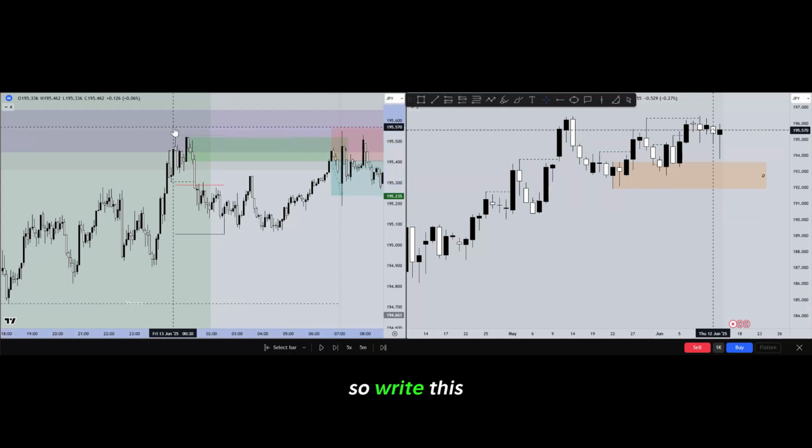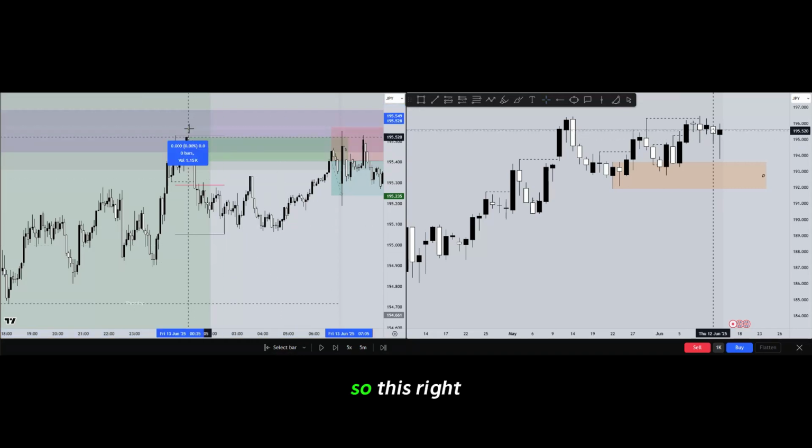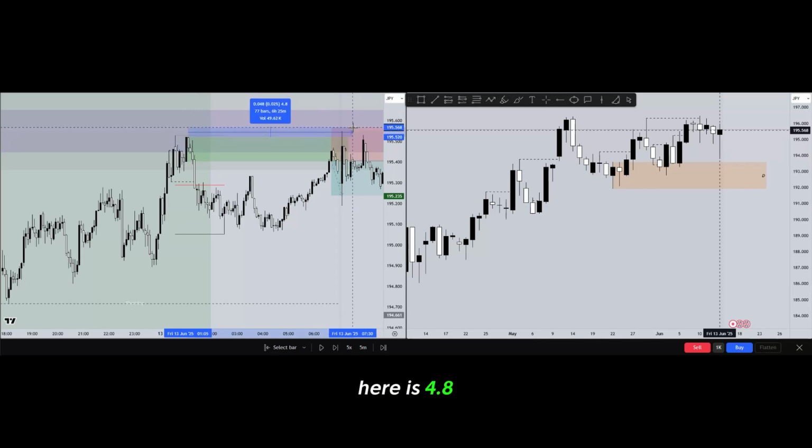So right, this supply zone here, why is it not working? This right here is 4.8. So if I had 3 pips, it would still not be a loss.